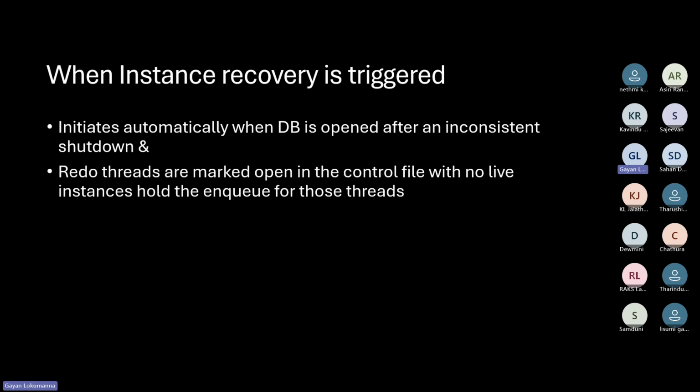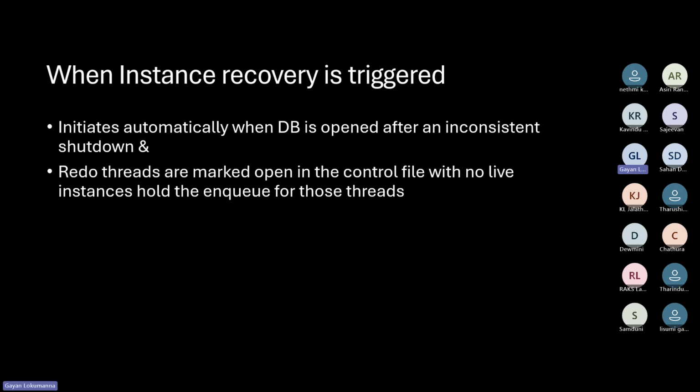So when you are starting the database, Oracle will get to know that there had been a redo stream, but there is no active instance for those redo threads. It had been opened before, but not closed properly.